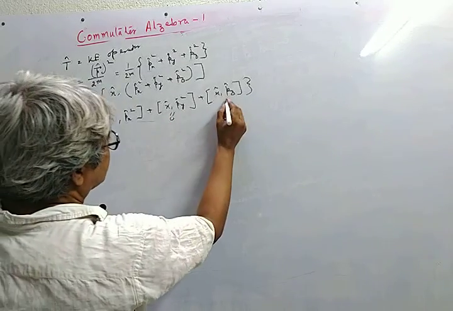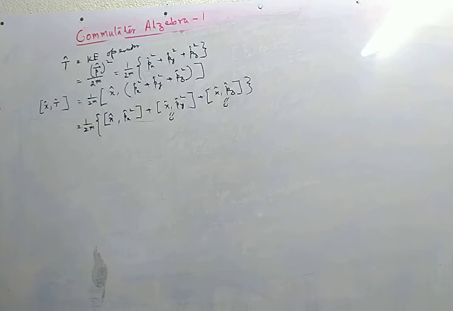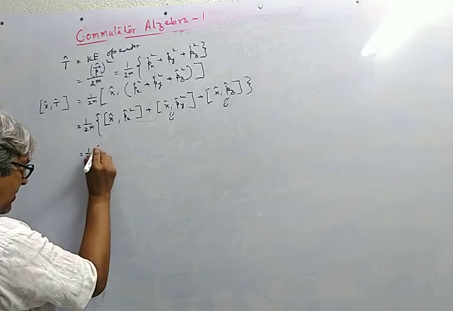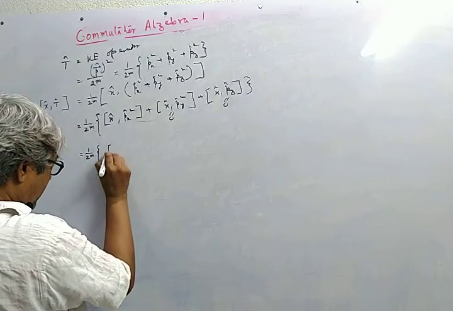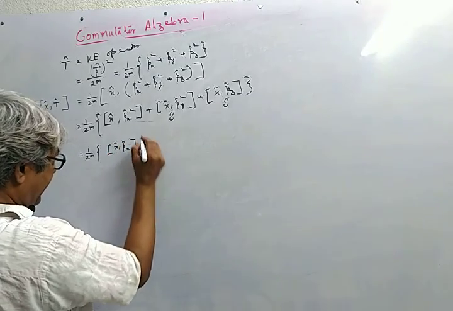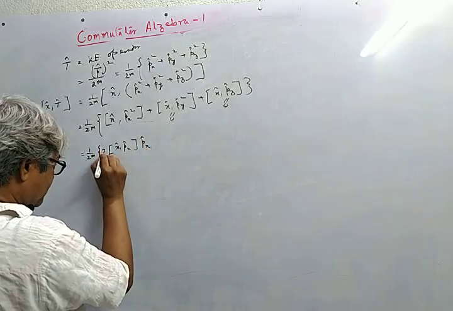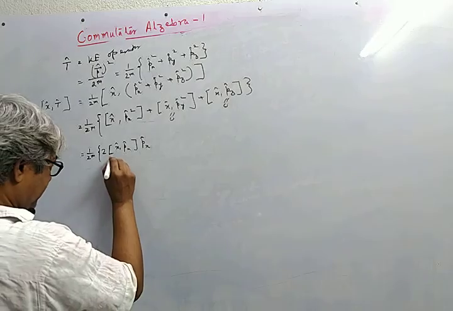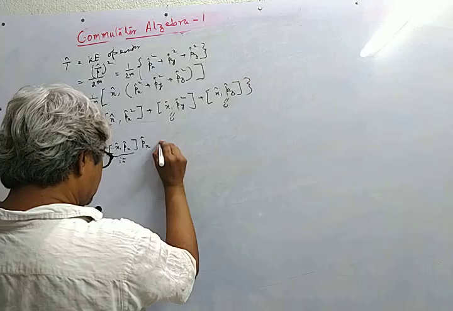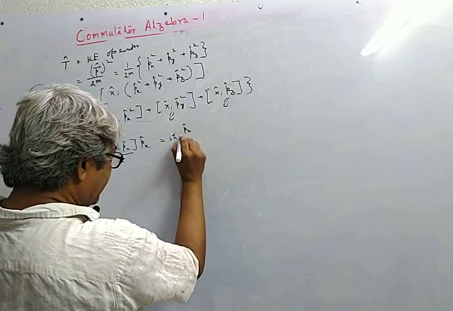As for the relations, we have just stated this, and this is the only non-zero term, and this can be written as 1 upon 2m. This is x px, and px coming once from the right and once from the left, so there is a 2, and this part is i h cross. So the result is i h cross px operator by m.